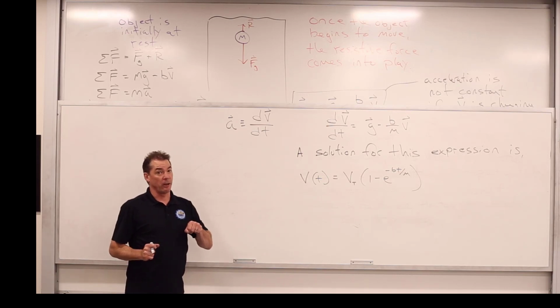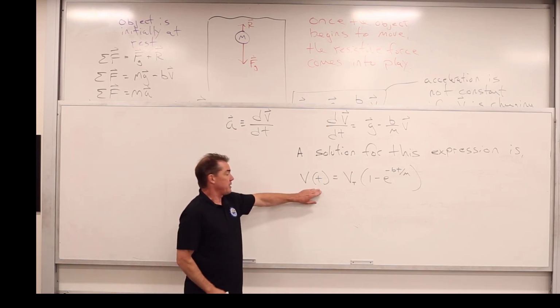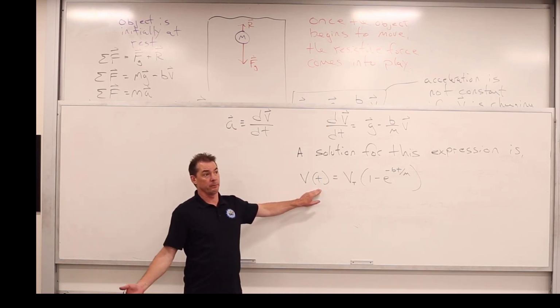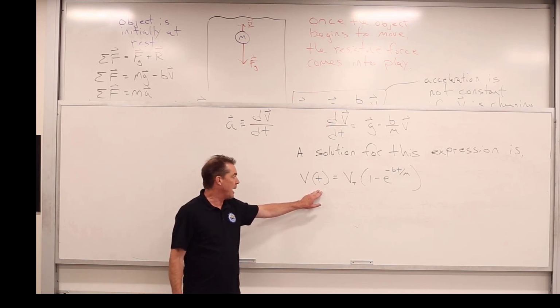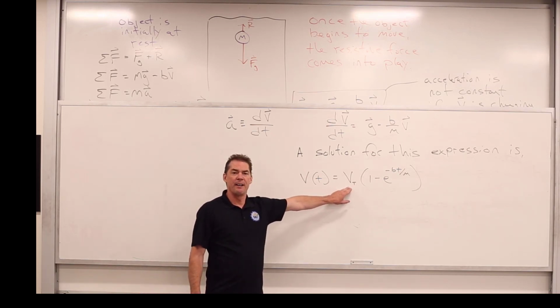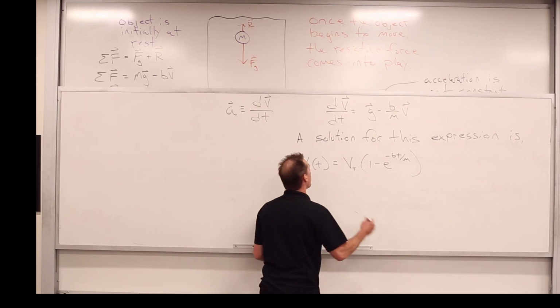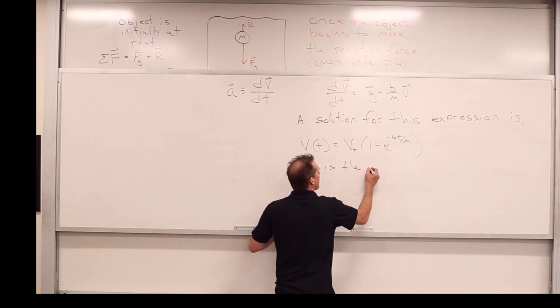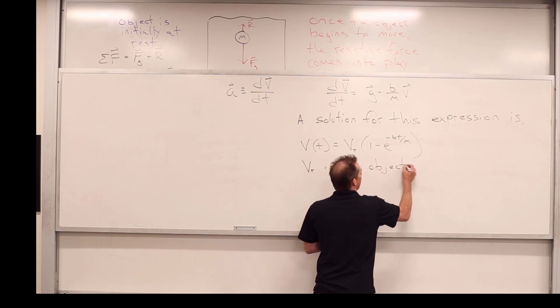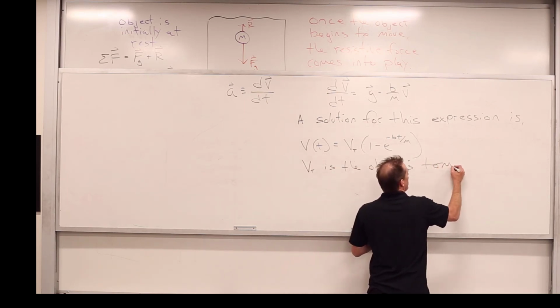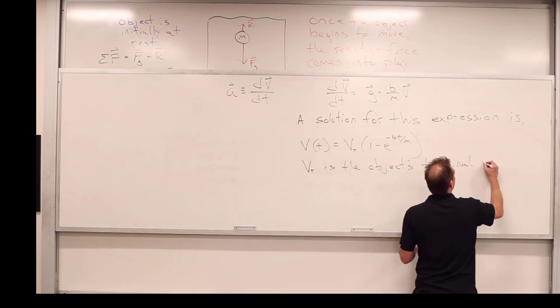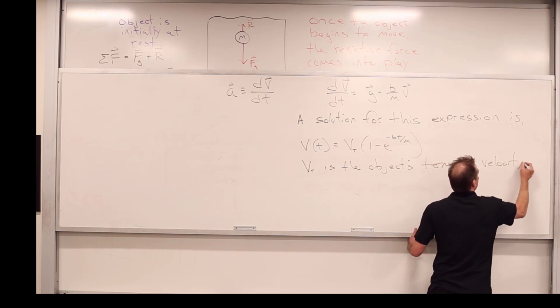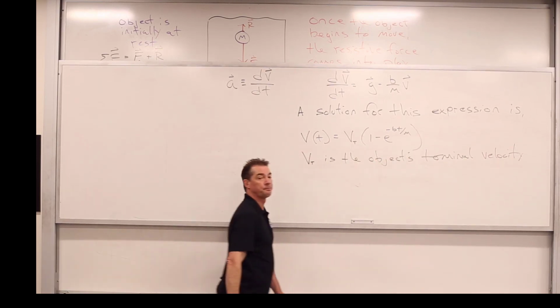What we've got to do is understand what all this stuff is. So this is the function that describes the velocity with respect to time. This v sub t here, this is known as the object's terminal velocity. V sub t is the object's terminal velocity.